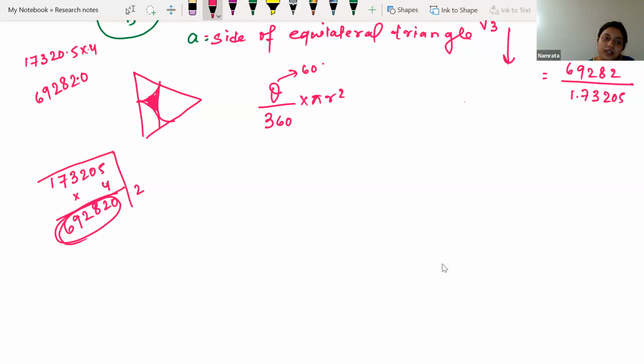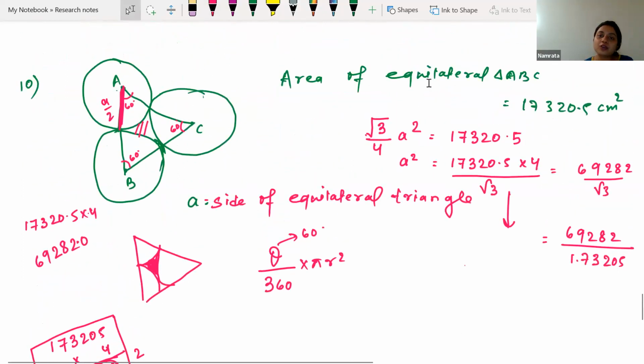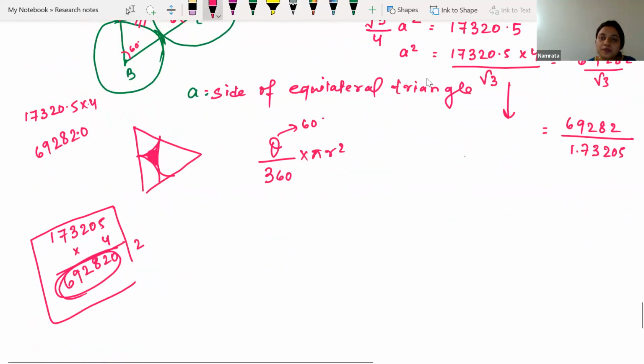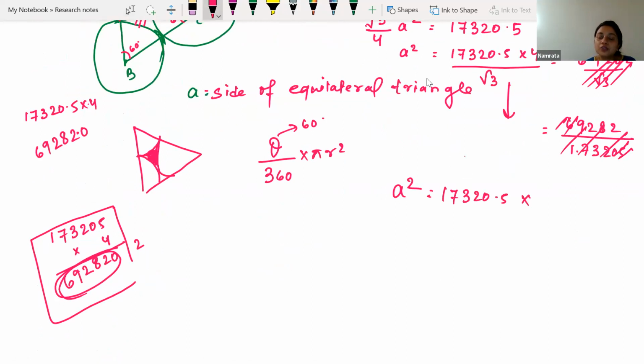Yes, can you see this calculation? Or, without even putting the value, not to make you confused, let me show you. We don't have to do this. We just have to take a square is equal to 17320.5 into 4 divided by root 3.